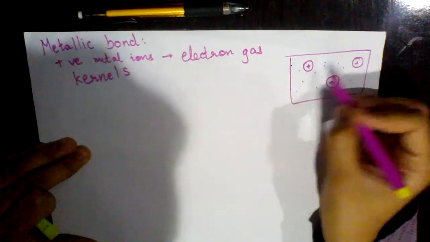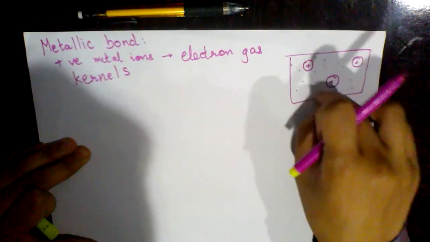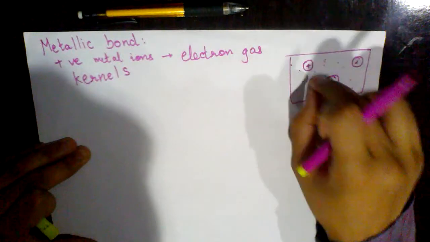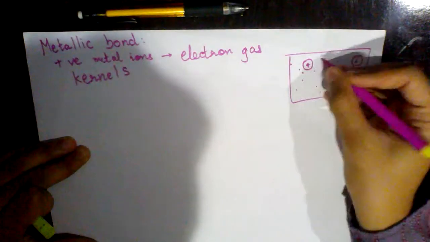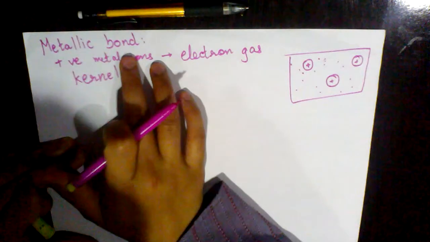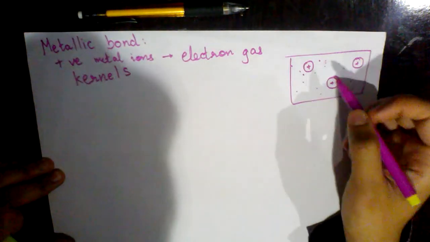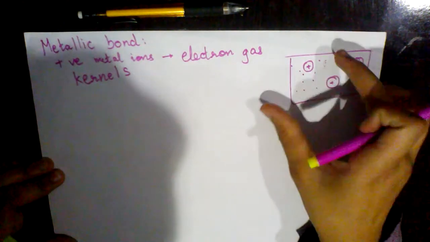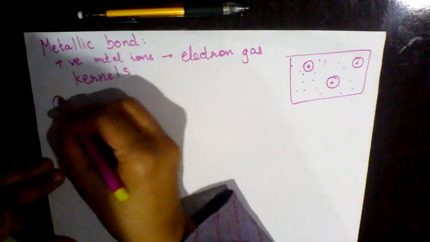These electrons move to and fro inside the metallic bond. So this attraction between the electrons and the positive metal ions is known as the metallic bond. Now the metallic bonds are non-directional, as we have seen in the diagram.